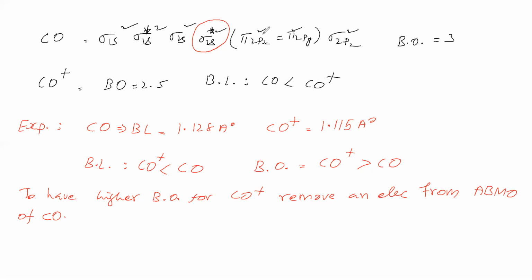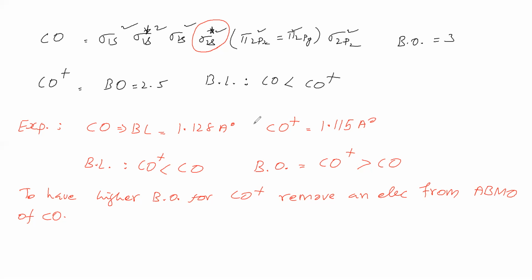Generally, the electron having higher energy will be knocked out first. So as per the experimental result, we have to remove the electron from CO from the anti-bonding molecular orbital, which means only sigma star 2s is possible. Therefore sigma star 2s should be at this place.